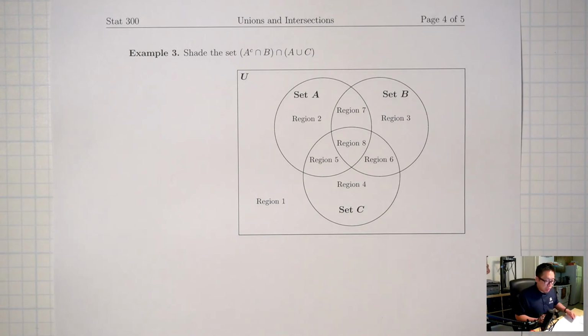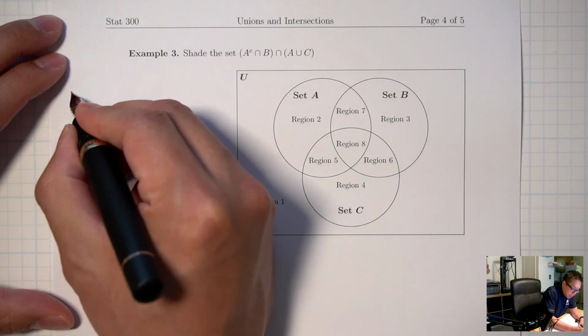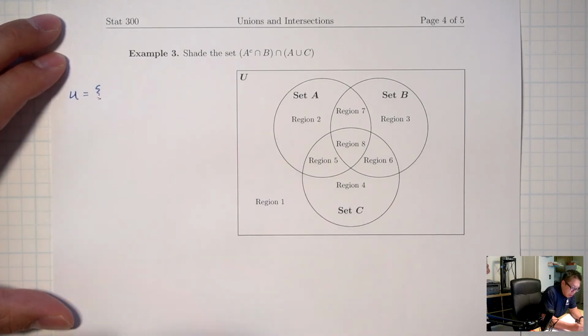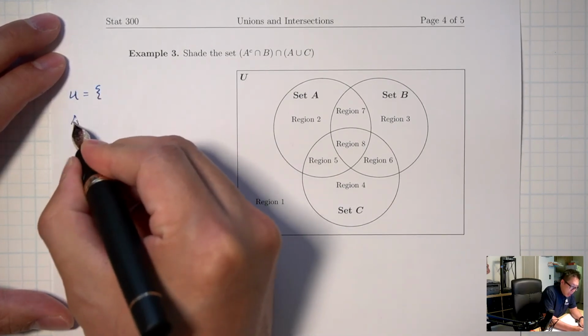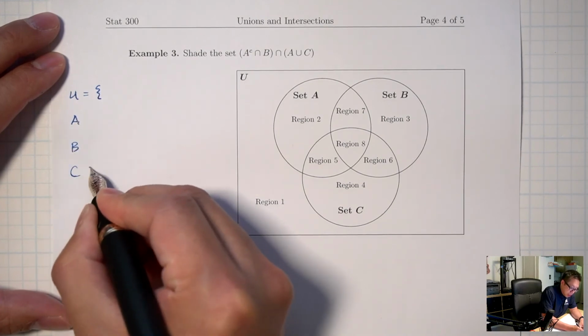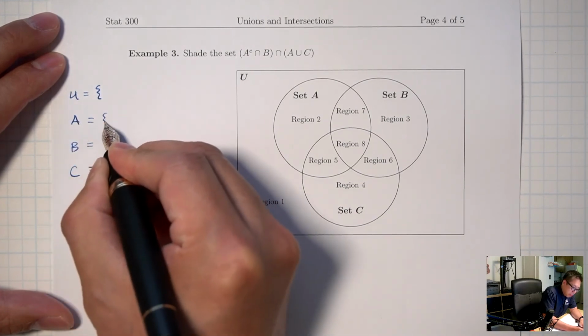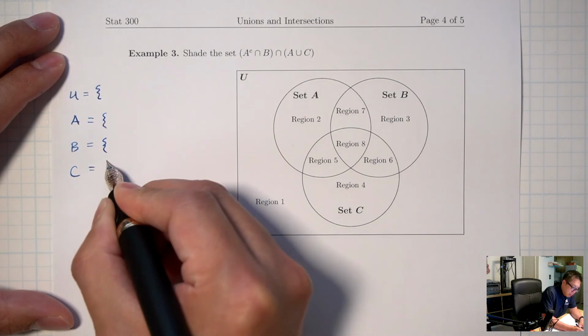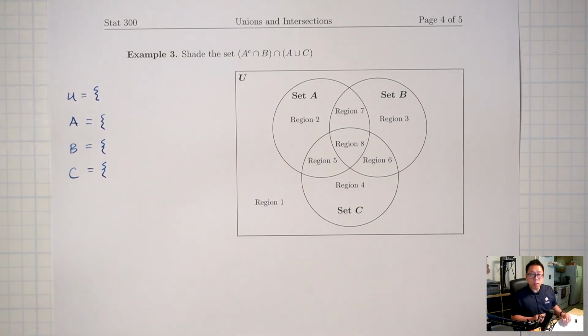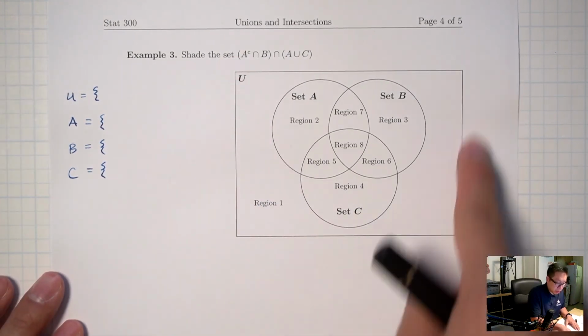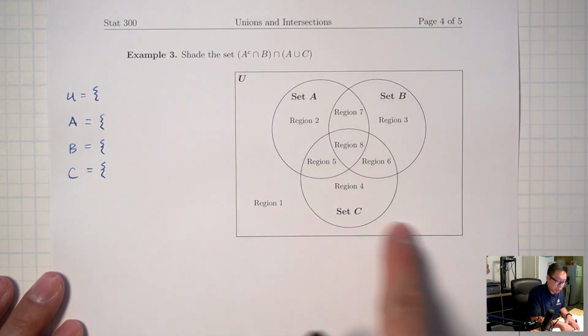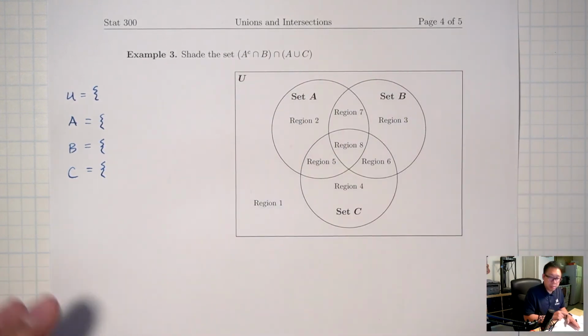My recommendation is to, before you do anything, go through and write out regular U, regular A, regular B, regular C. So U is the entire rectangle. What regions are inside of this rectangle?